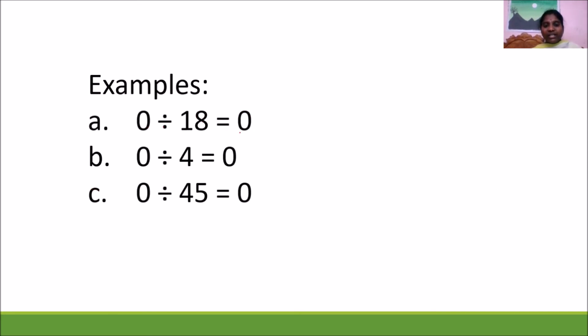The quotient is 0. See the second one, 0 divided by 4. We get 0 as the quotient. See the third one, 0 divided by 45 equal to 0. According to the property, when 0 is divided by any number, we get the quotient as 0.